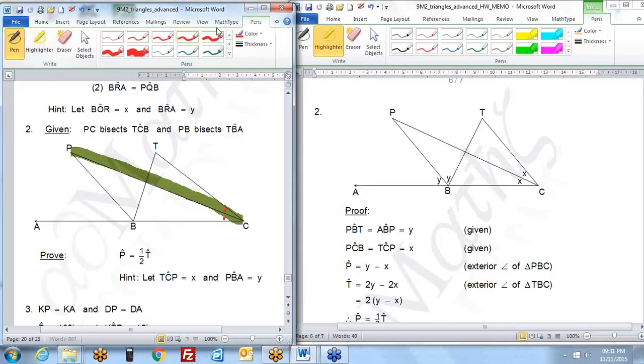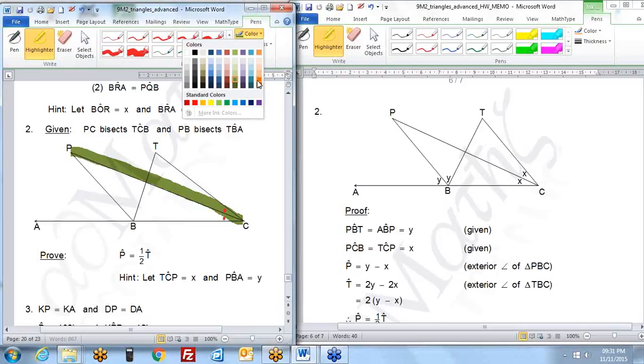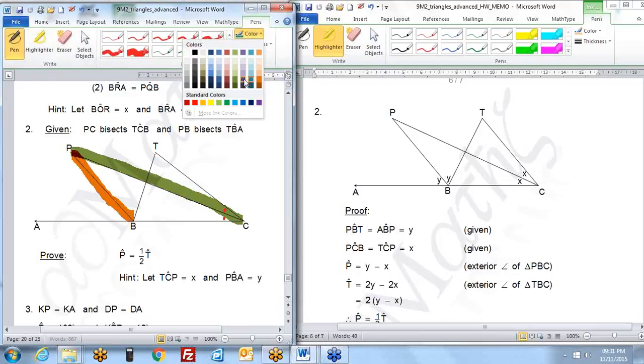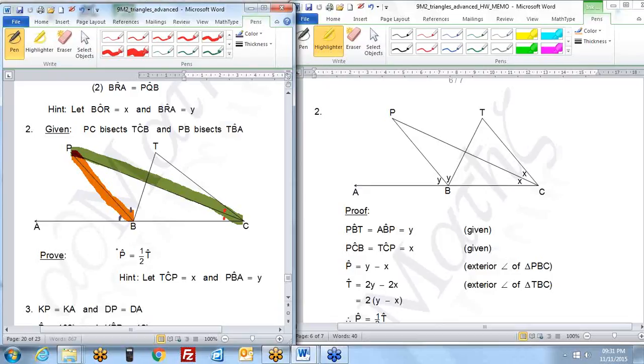And PB bisects angle TBA. So these two will be the same then. So you need to prove that angle P is equal to a half times angle T.